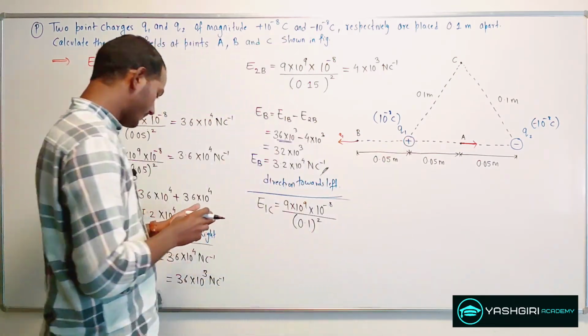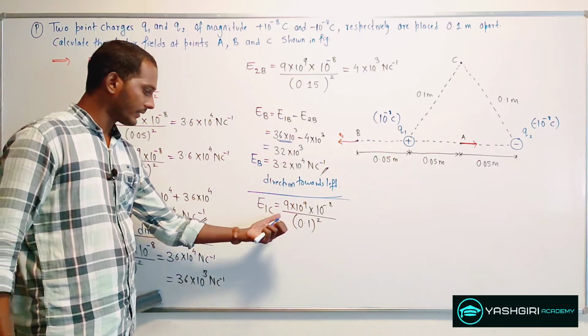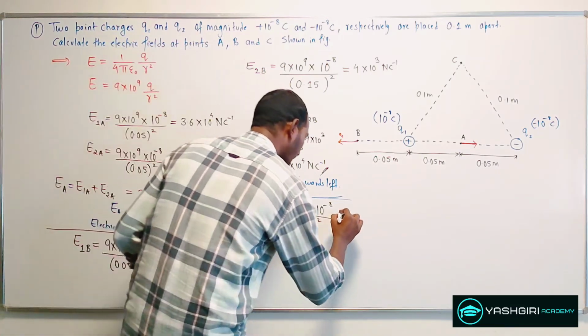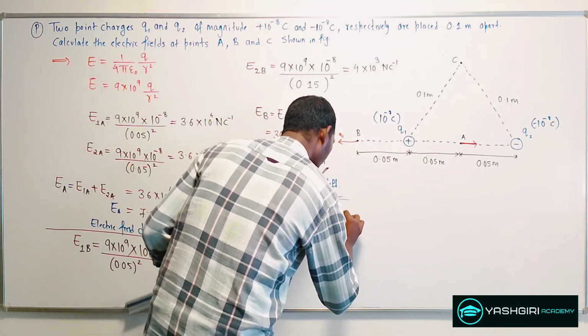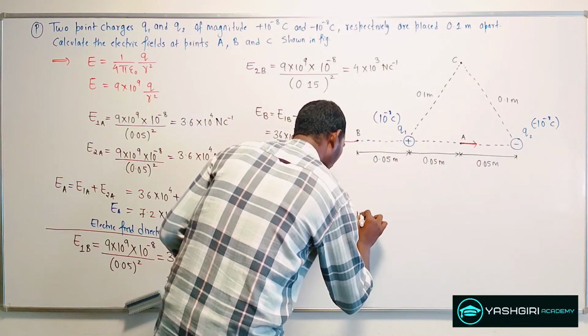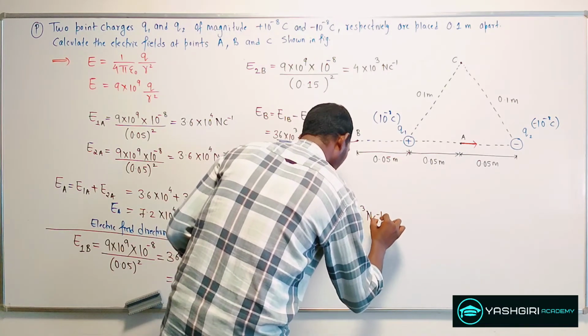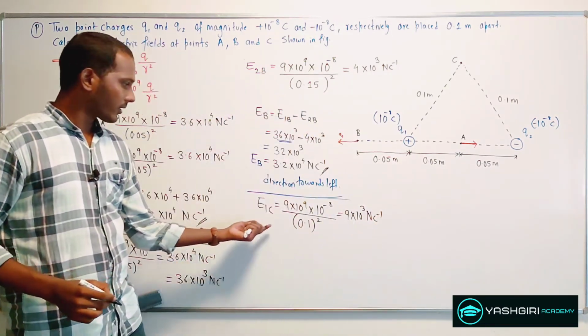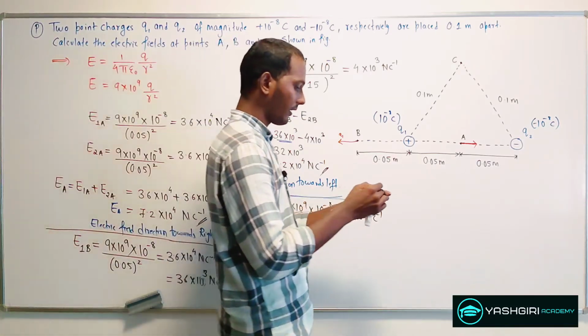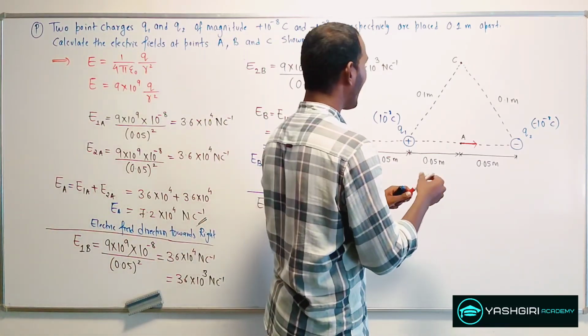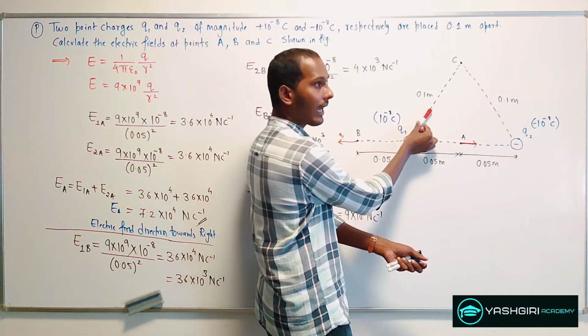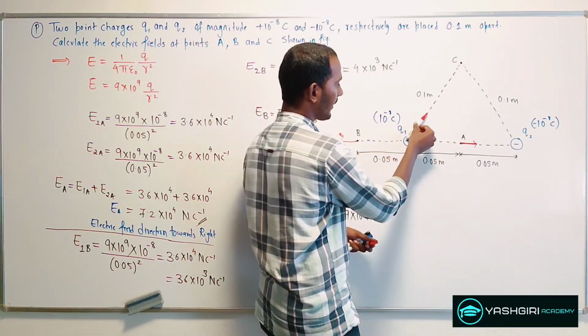When you calculate this, you will get the answer 9 into 10 to the power 3 Newton per Coulomb. Here the direction of the electric field should be pointing outwards. So this is the direction.